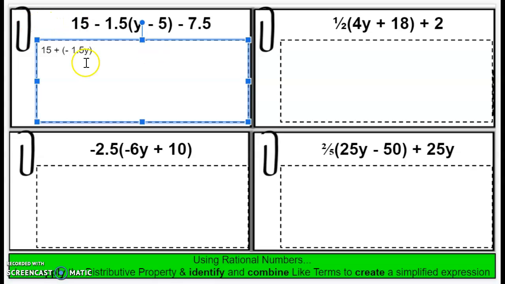So that's our first term when we first put it in. That's our first one. We're going to then minus, because right here is the minus sign, minus negative 1.5 times negative 5.